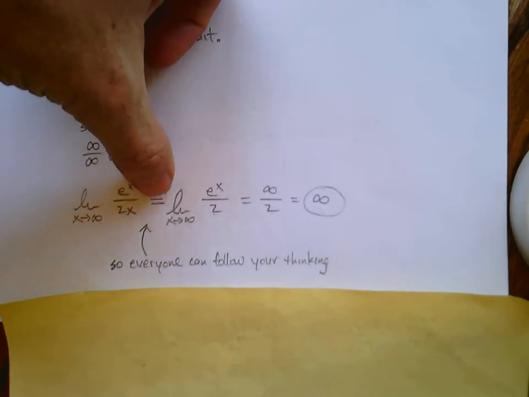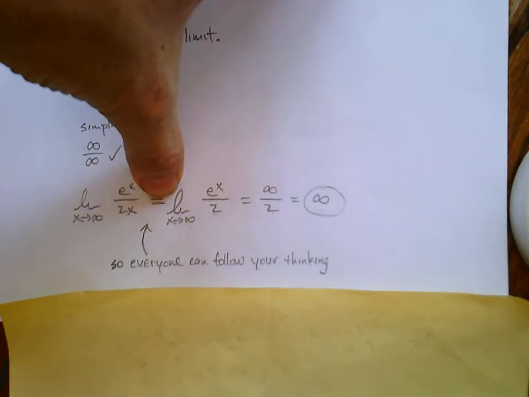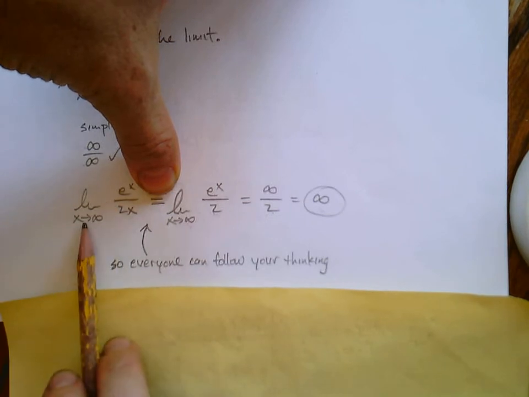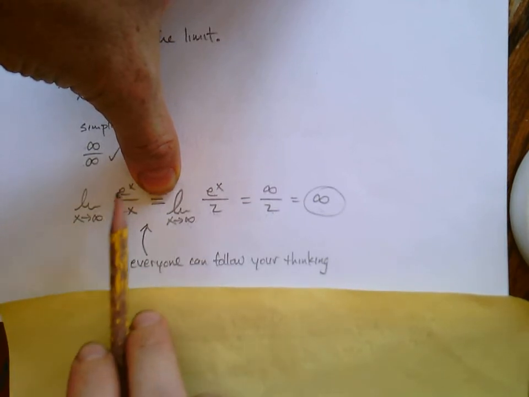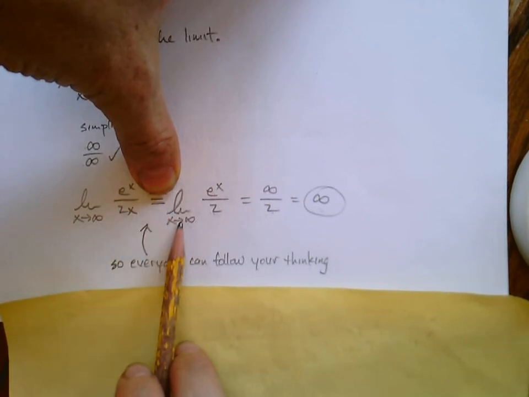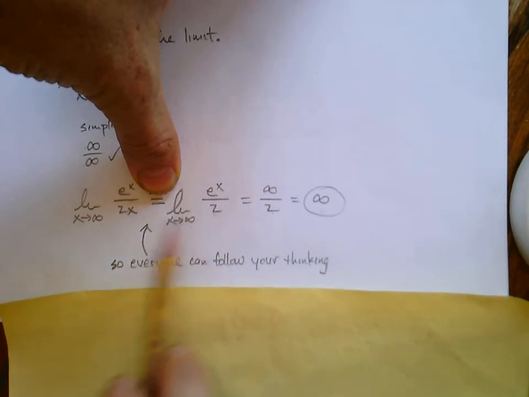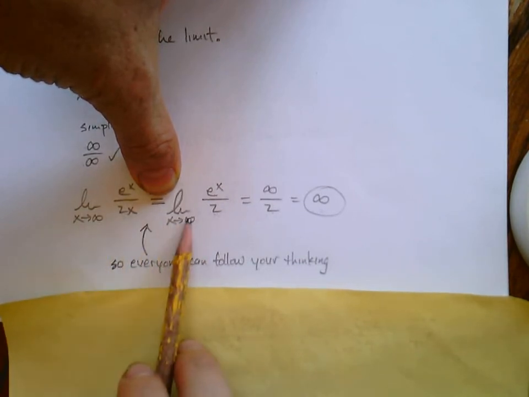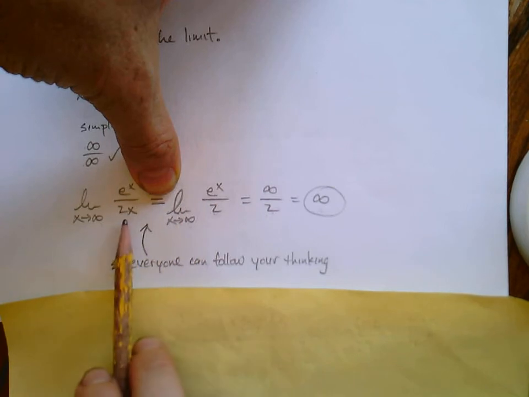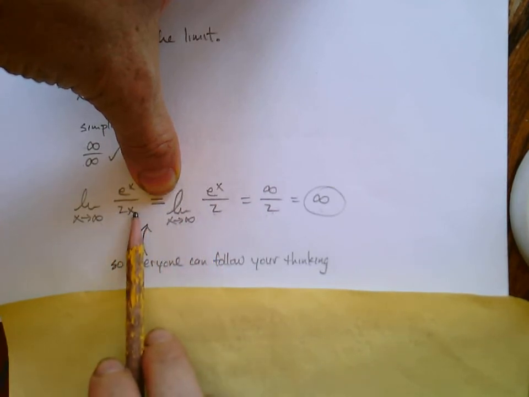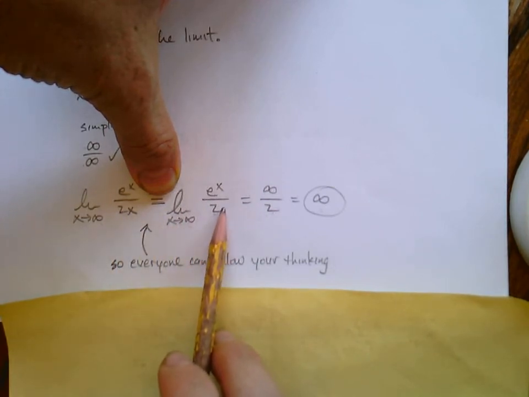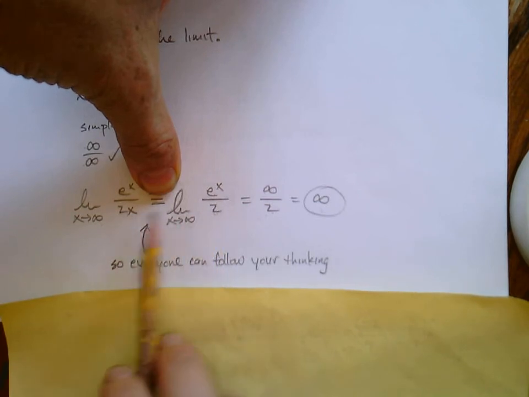I'm going to try to awkwardly lean over and ignore what was here. What if it was just limit as x approaches infinity of e to the x over 2x equals limit as x approaches infinity of e to the x over 2, and somebody was reading your work. They got to this point, and they're like, well, e to the x, e to the x, 2x, 2. I think they forgot the x here, and why are they just copying their work? And what happened to the x? Is that a mistake? I don't know what just happened.